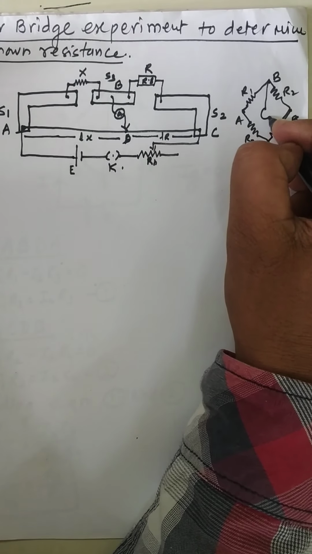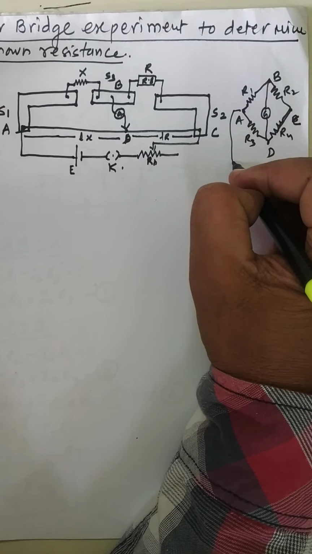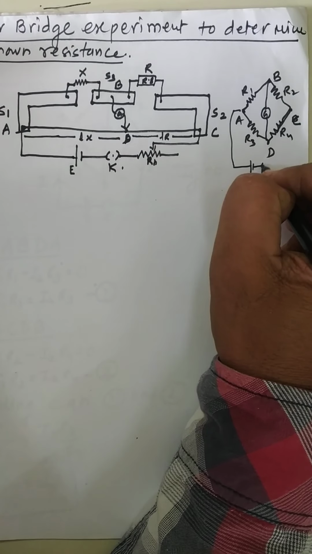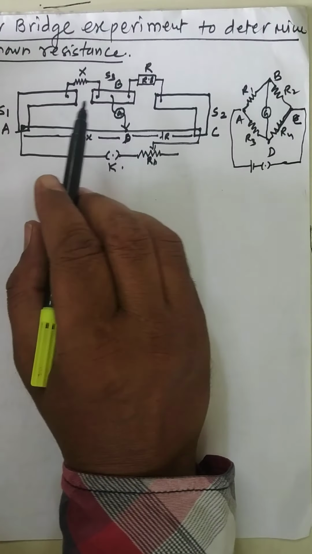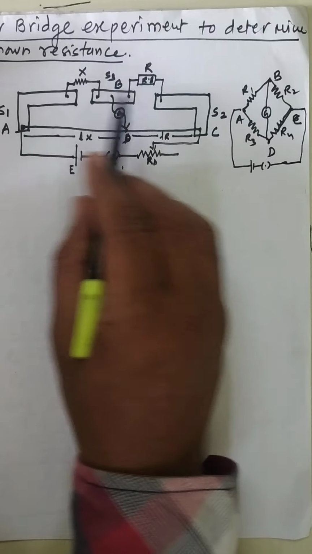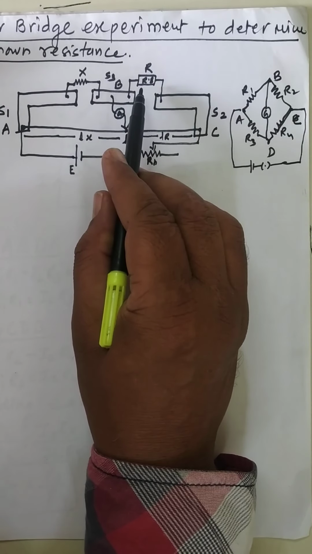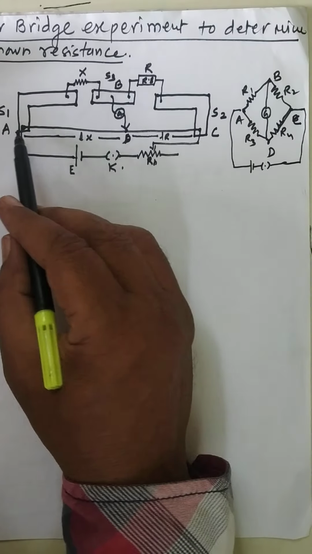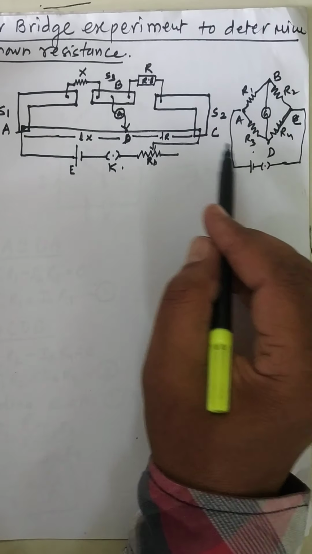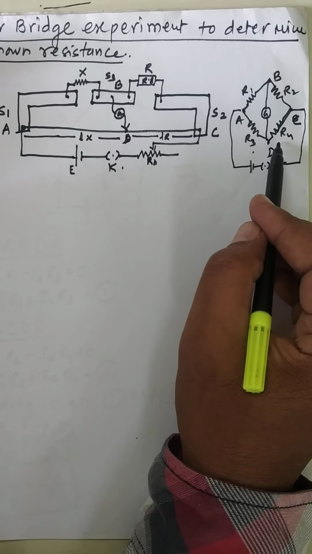Here there is a galvanometer between B and D. Here there is a cell, a key is connected. Both the diagrams are similar. Here the unknown resistance X is nothing but R1. The resistance box having the resistance R is nothing but R2. The resistance of the length Lx is R3, and the resistance of length Lr is R4.